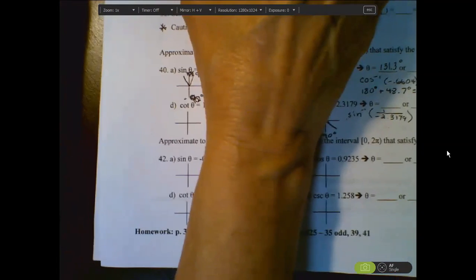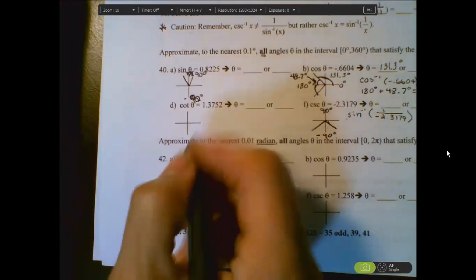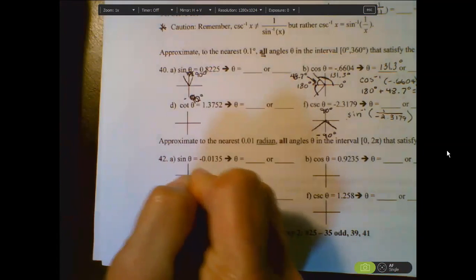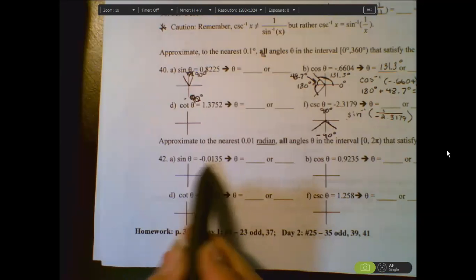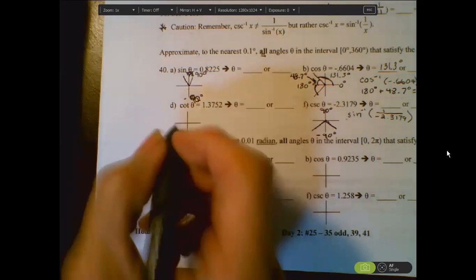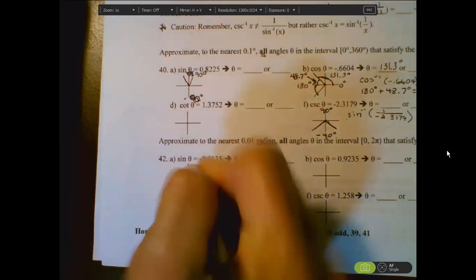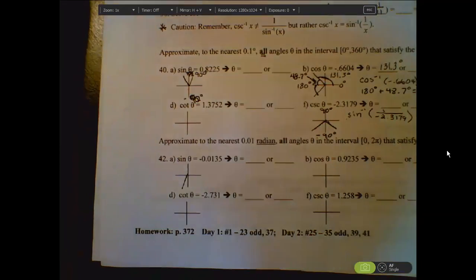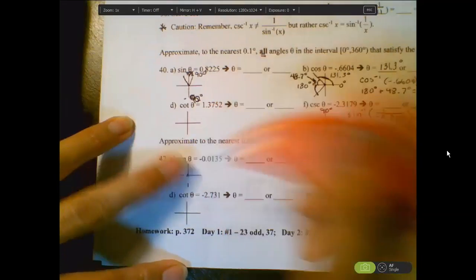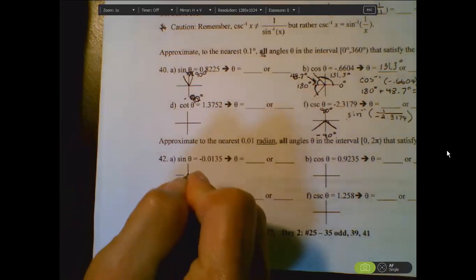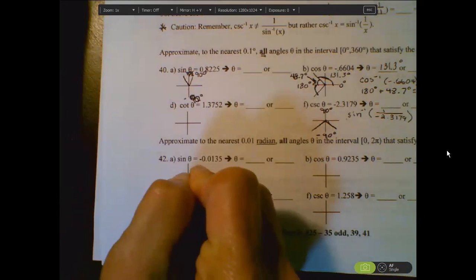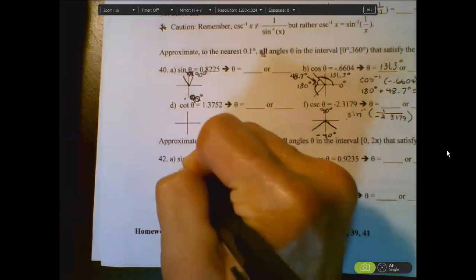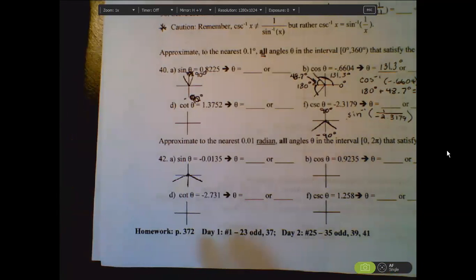All right, I need a third quadrant answer and a fourth quadrant answer, where sine is darn close to 0. That's not very far from 0 at all. So it's going to be maybe here, and, oh, that's where sine is -1. Sorry. Sine is almost 0 here, and it's almost 0 here. Now, which one will inverse sine give me?